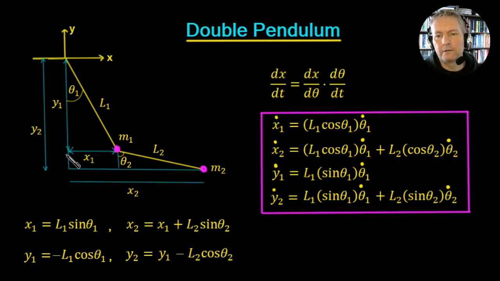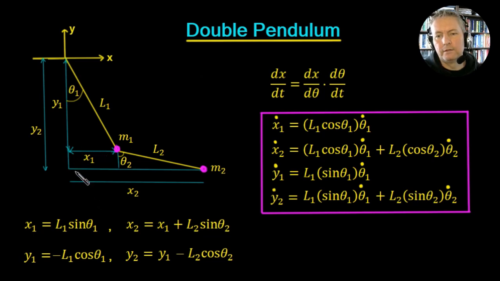So we can see here that for θ1, x1 is going to be the opposite of this angle, so we have the opposite over the hypotenuse, which is going to give us the sine. So we can say that x1 is equal to L1 sine θ1. So make sure you understand how I got that. It's just basic trigonometry.